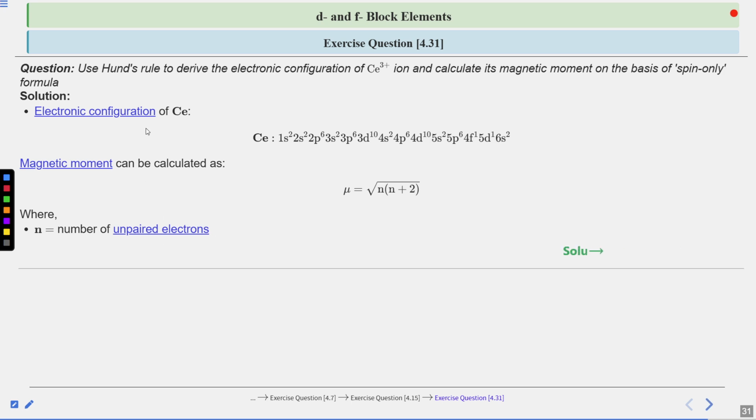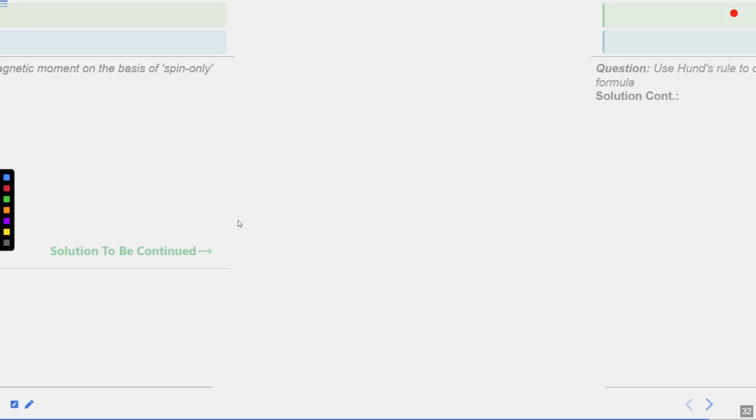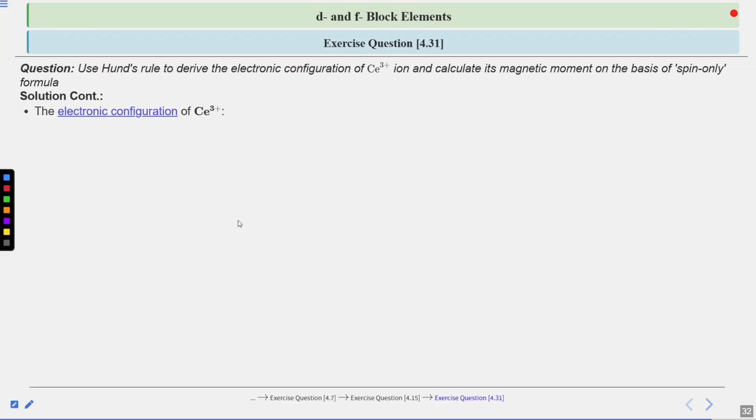So we have seen the cerium electronic configuration, which is given by this, and we have seen the spin only magnetic moment formula, which is this, that is mu equals under root n into n plus 2. N is representing the number of unpaired electrons. Now you have to identify the cerium 3 positive ion configuration.